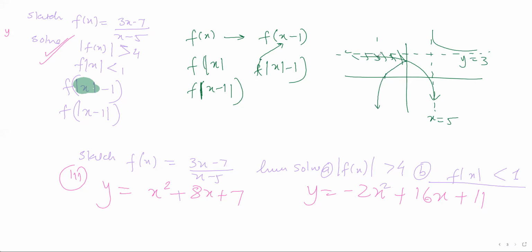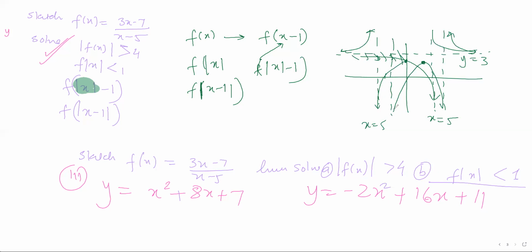This side will be x equals minus 5. Here you'll have this reflection. Now you move the graph one to the right. If I move one to the right, you'll have the new asymptote. This vertex, or maximum point, will shift here. You can see the graph itself is now becoming completely different.